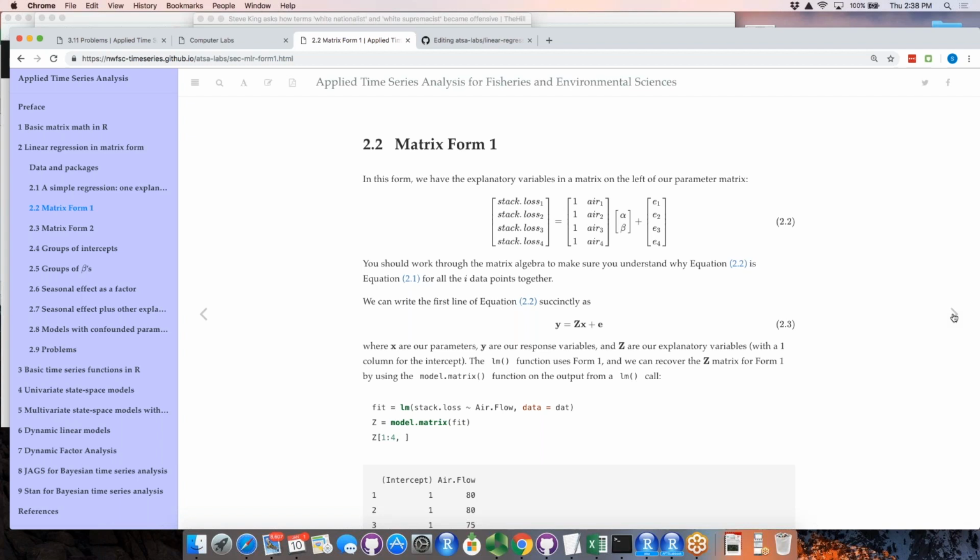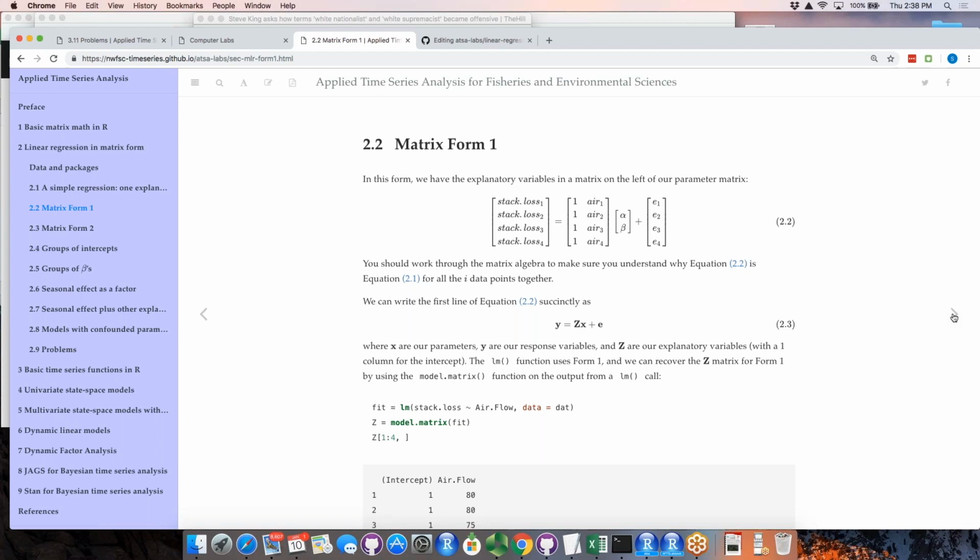We can write this more succinctly like this. So this is y, our data, and notice that it's bolded. That indicates that it's a matrix. That's a standard convention. And that it's lowercase is the convention that it is a column matrix. So that means it's just 1 column. And then the Z, this is this matrix, and it's an uppercase, so that indicates that it's not necessarily a column matrix.